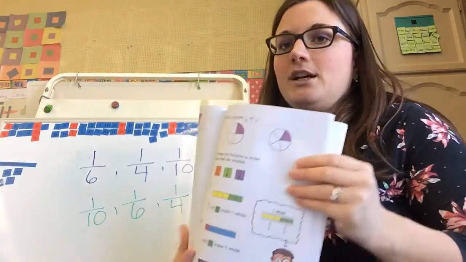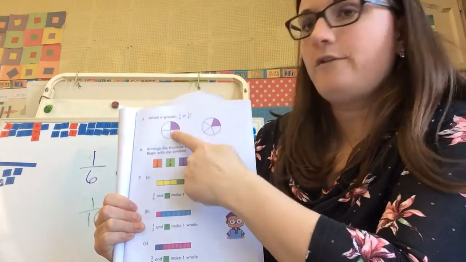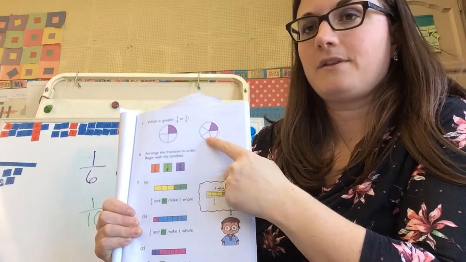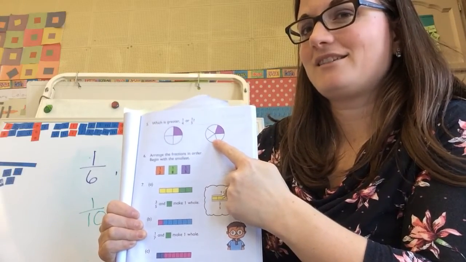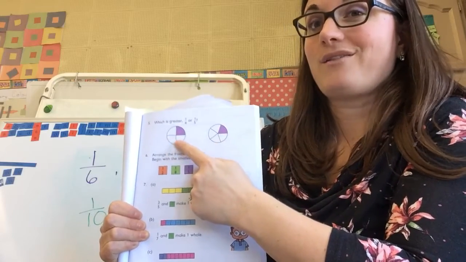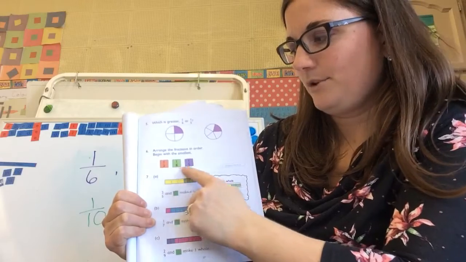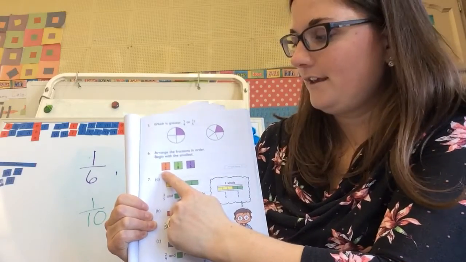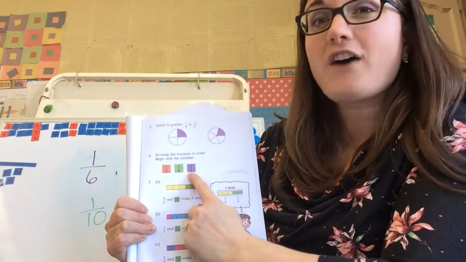And then in our textbook, we have: which is greater, 1/4 or 1/5? If the pie is broken into 4 pieces or 5 pieces, which piece is going to be bigger? The 1/4, right? Because it wasn't broken into as many. Then you're going to take these fractions and put them in order. We have 1/2, so the pie is broken into 2 pieces, 8 pieces, or 5 pieces.